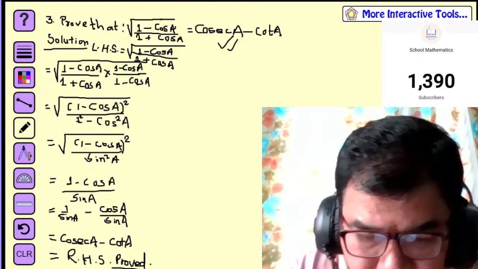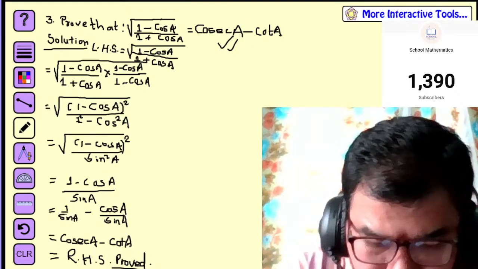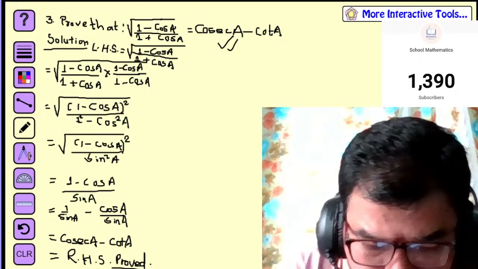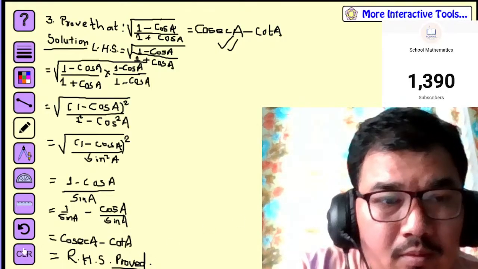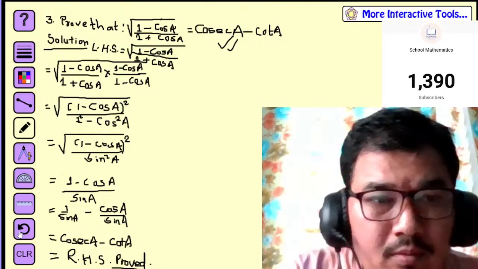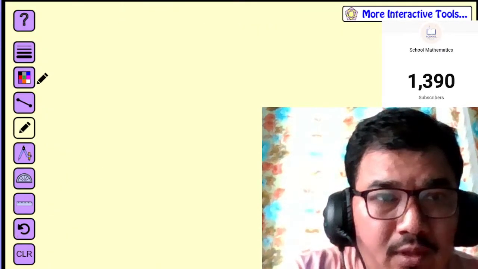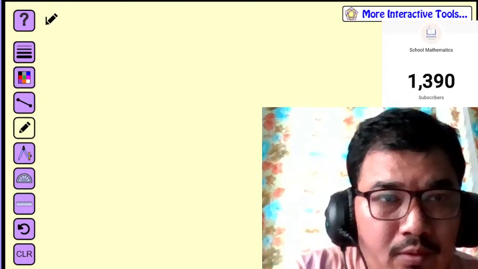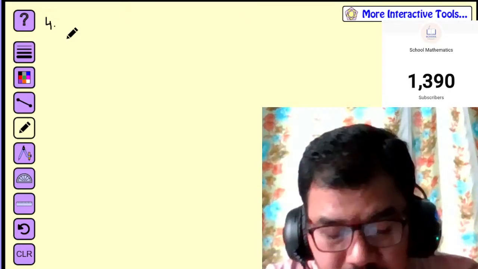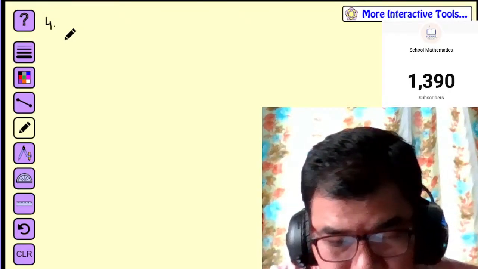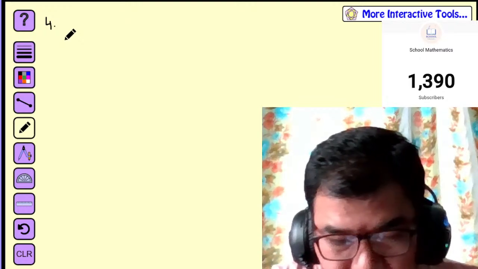Okay, look here. One question is there that I want to clear. Now I am going to share with you fourth number. And look, children, how to factorize by algebraic tiles.